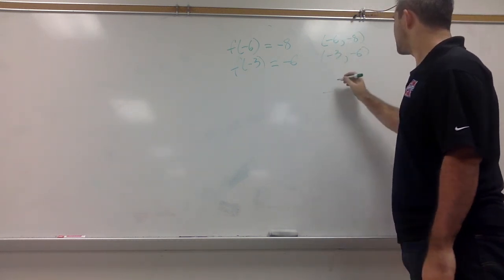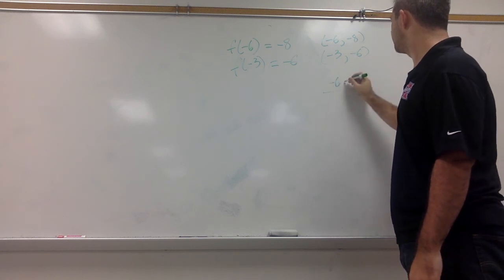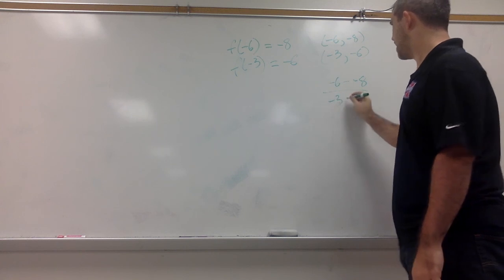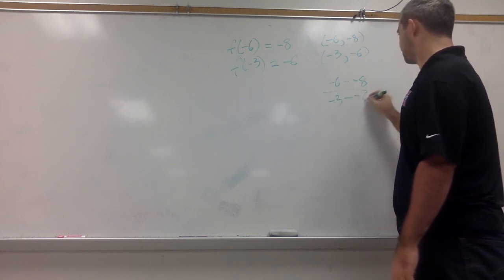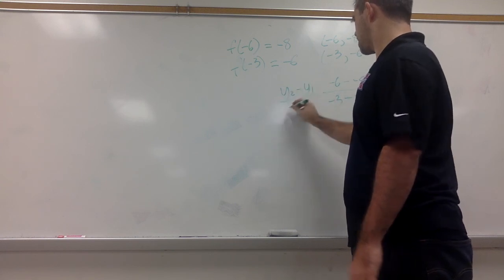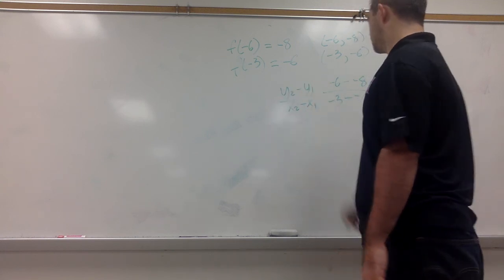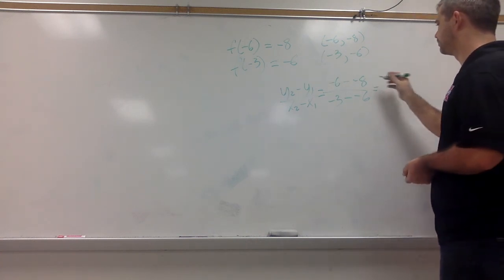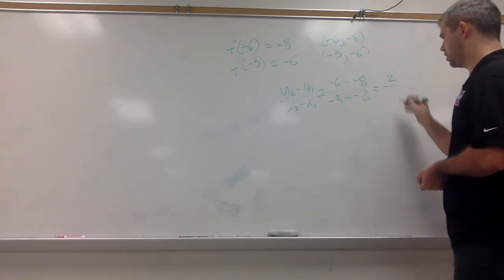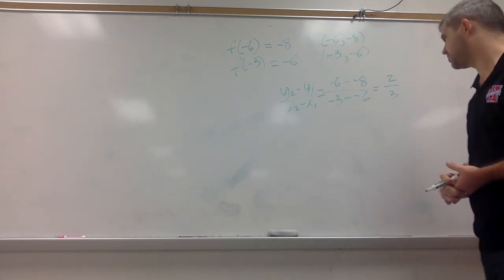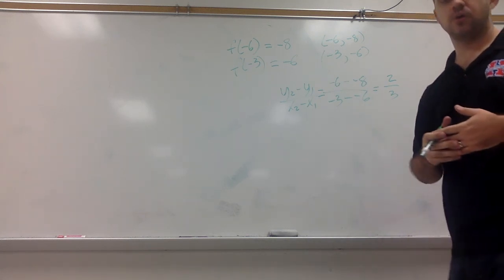So I'm going to take my second y minus my first y over my second x minus my first x, because remember, we've got this change in y over change in x. Okay, so we get 2, we get 3. Our slope is 2/3.